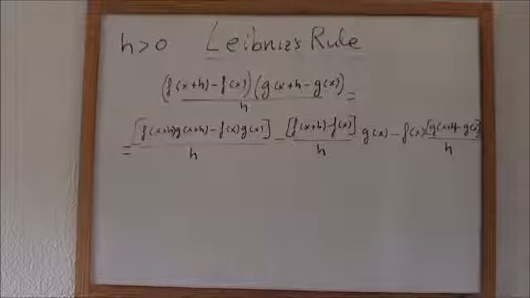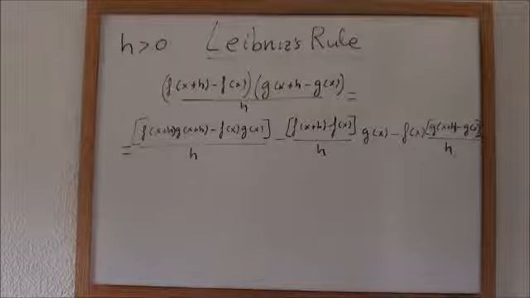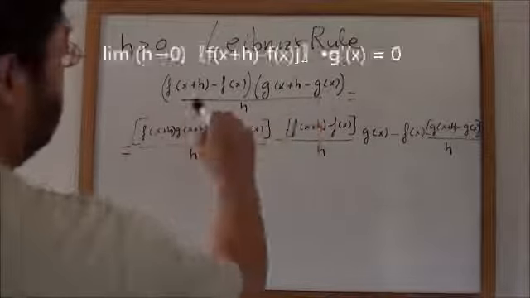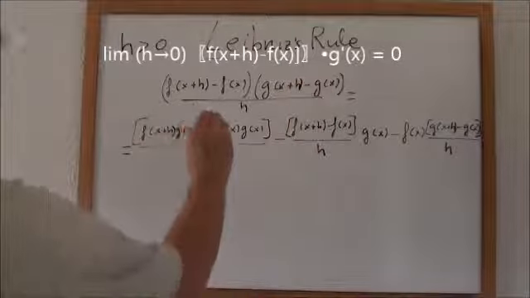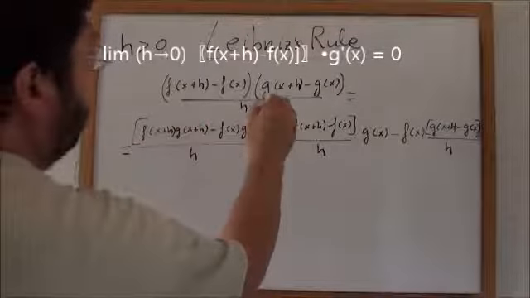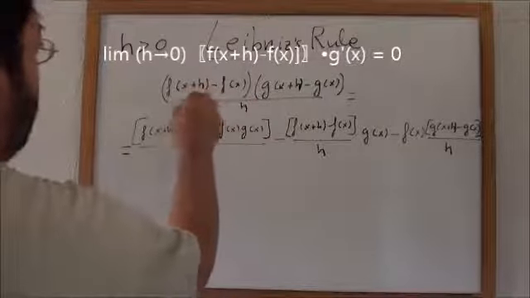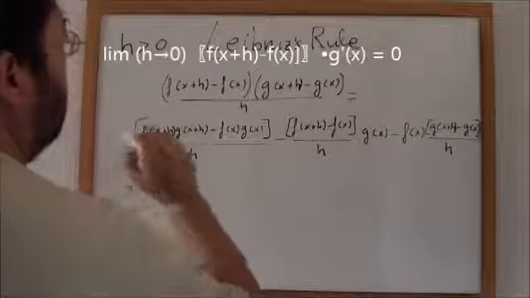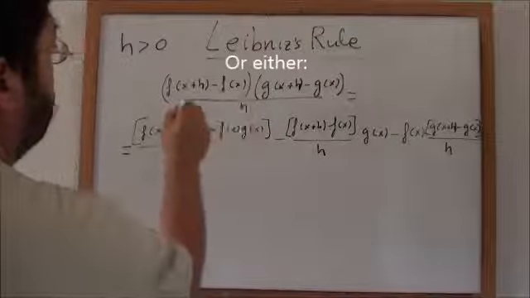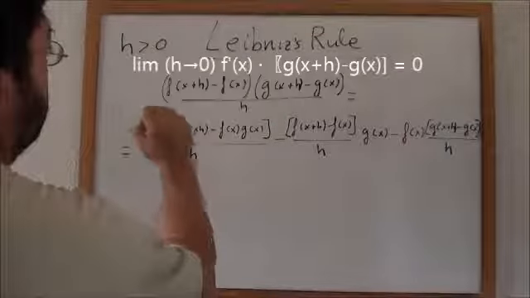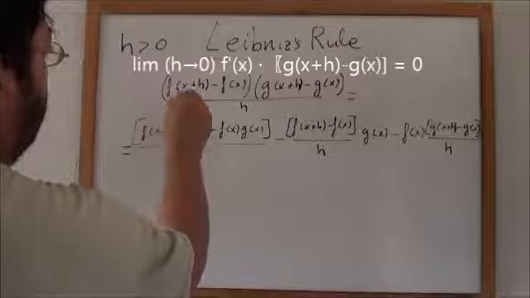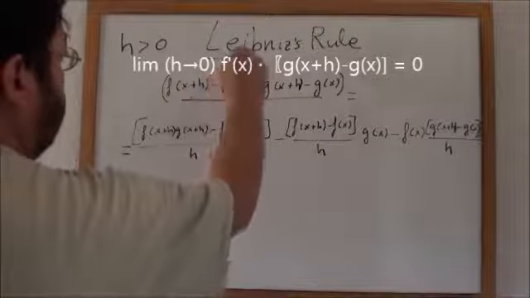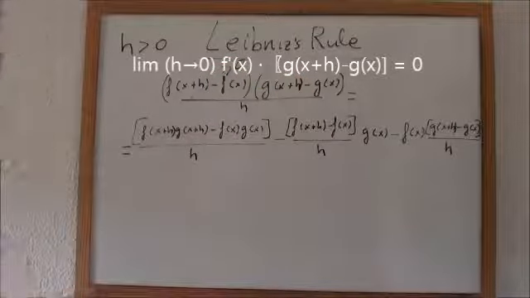If we take limits when h tends to 0, the first term of the equation, the first side of the equation vanishes, because this is the derivative of one of the functions, either f or g, multiplied by 0, because when h tends to 0, f of x plus h becomes f of x, so this vanishes, or either g vanishes.